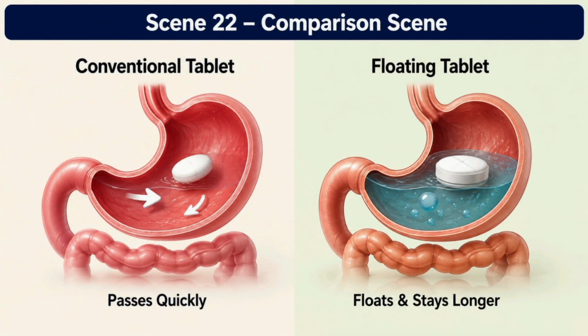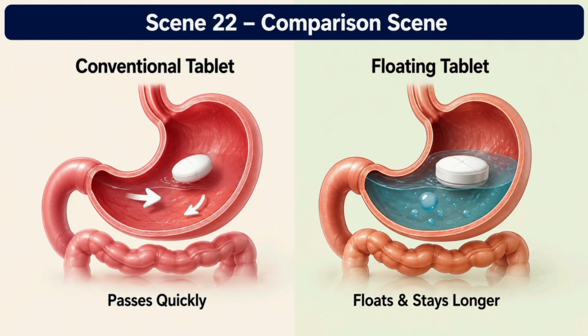Conventional versus floating tablet. Now look at the comparison. A conventional tablet may pass through the stomach as a part of the normal gastrointestinal transit. A floating tablet is designed to remain buoyant and increase the gastric residence under suitable conditions.